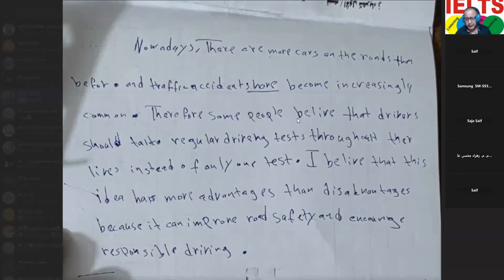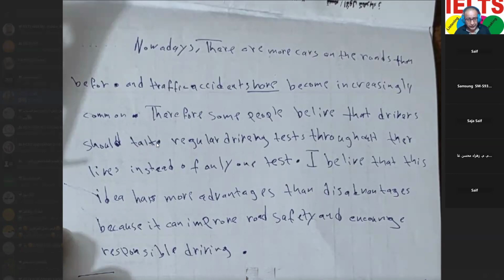Some people believe. No, it's not some people. Some politicians, precisely, which means some officials, you may write. Believe, a spelling mistake, that drivers should take a regular driving test.